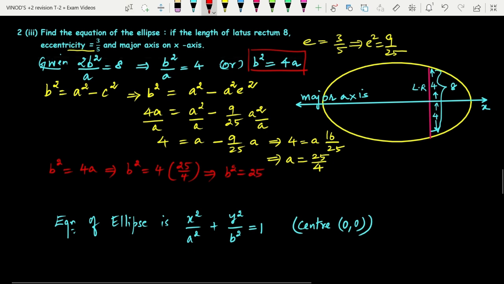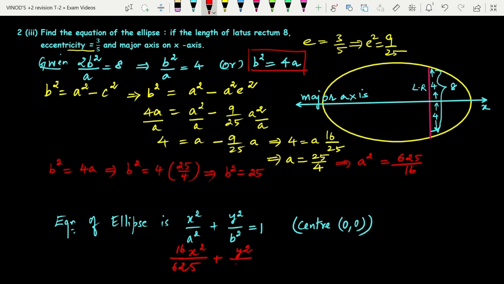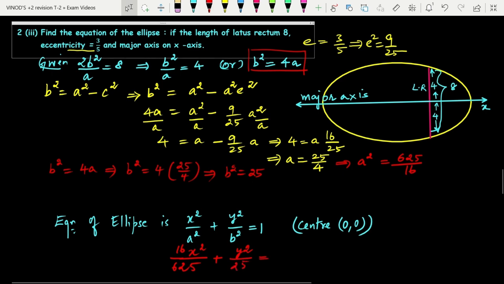So the equation of the ellipse: x square by a square, where a square is 625 by 16. So 625 by 16 in the denominator means 16x square by 625, plus y square by b square, where b square is 25. So y square by 25 is equal to 1 is the required ellipse.